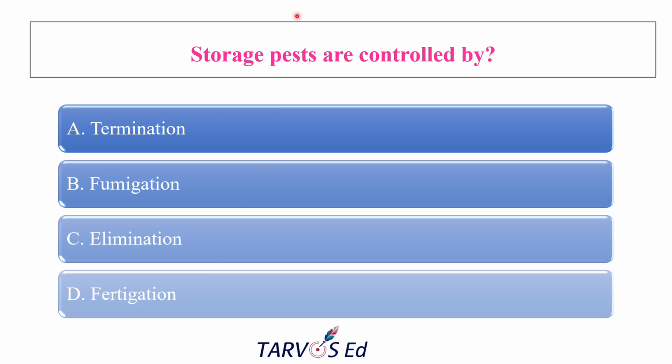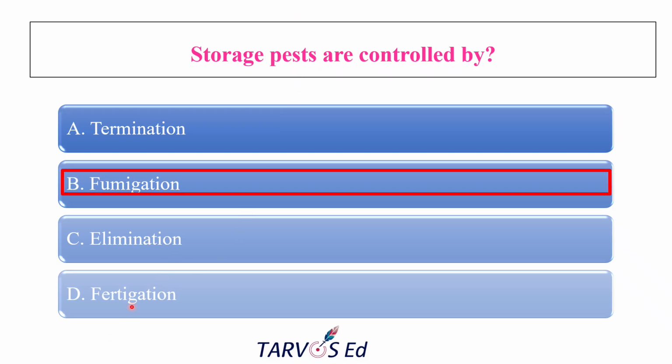systems. Okay, and the correct option is fumigation, because in this method we give gaseous substances, right? So gaseous pesticides we employ in large quantities just to kill the pest in confined spaces.